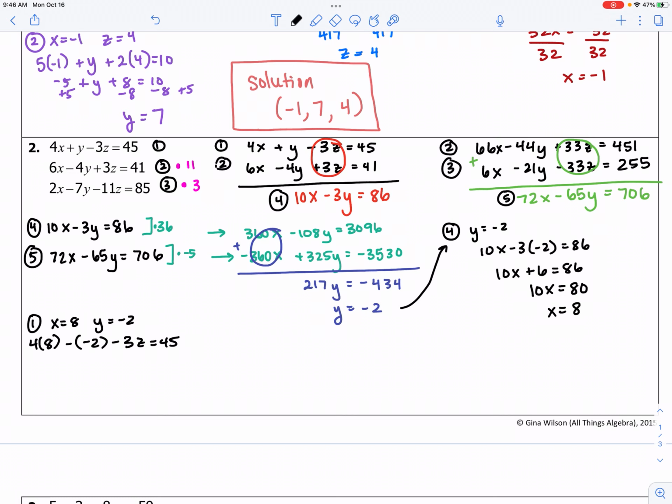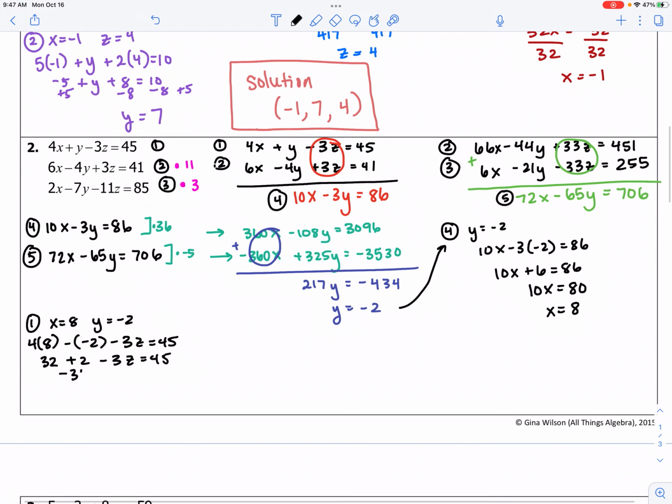Make sure that you don't make careless mistakes. So we have 32 plus 2 minus 3z equals 45. So we have 32 plus 2 is 34. So we're going to subtract 34 from both sides. We get -3z is equal to 11.